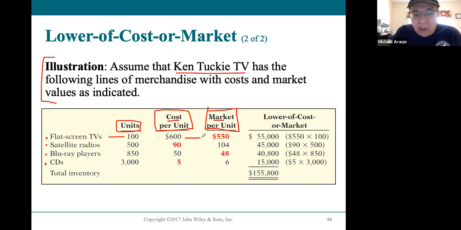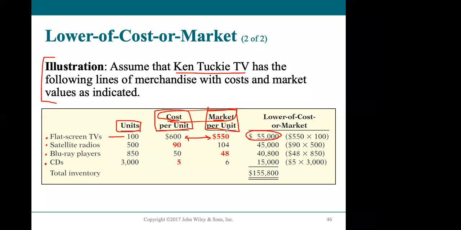And we would take the lower of these two numbers to value our inventory. So we have 100 flat screen TVs. We would take the lower of cost or market, which is $550.